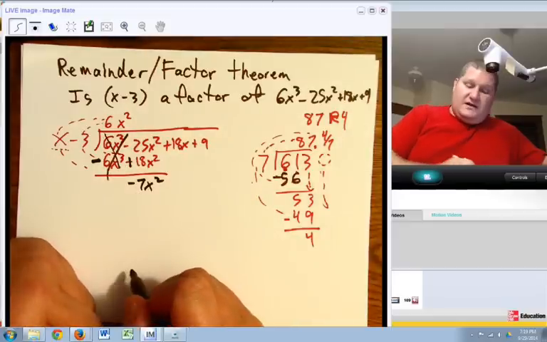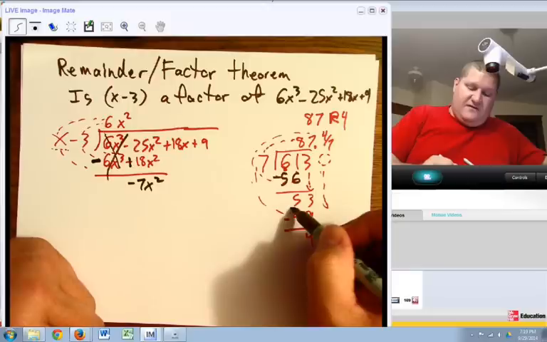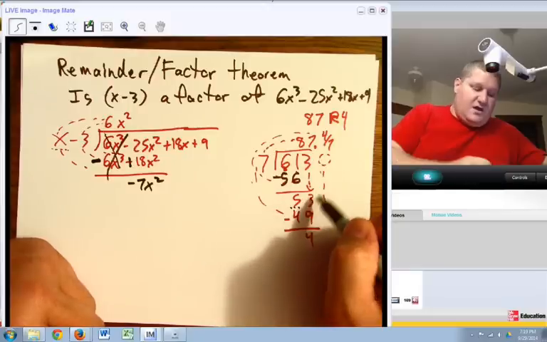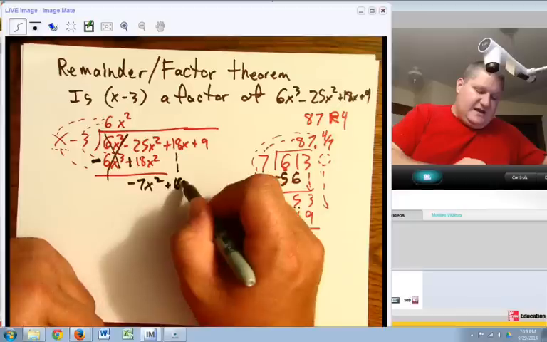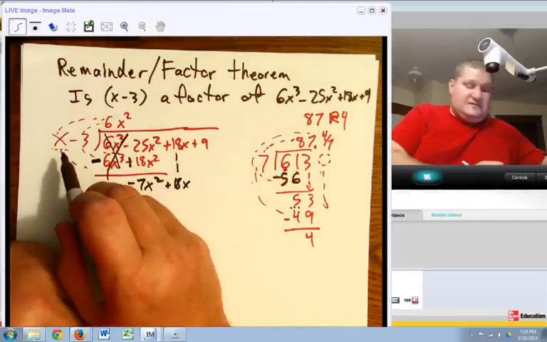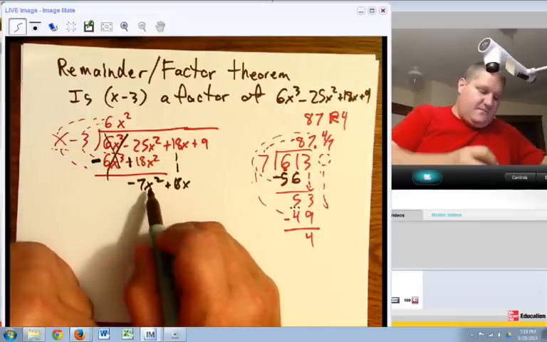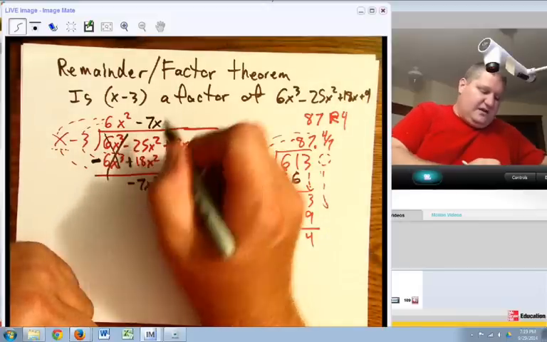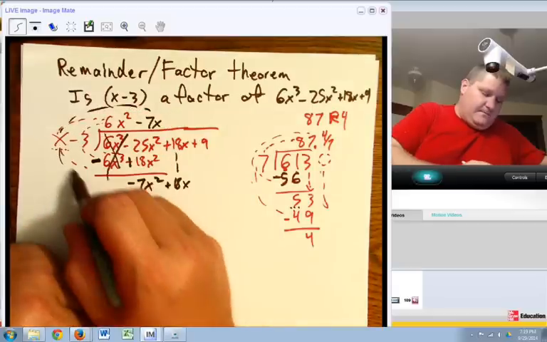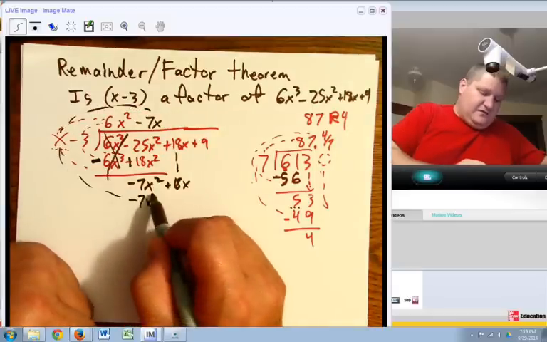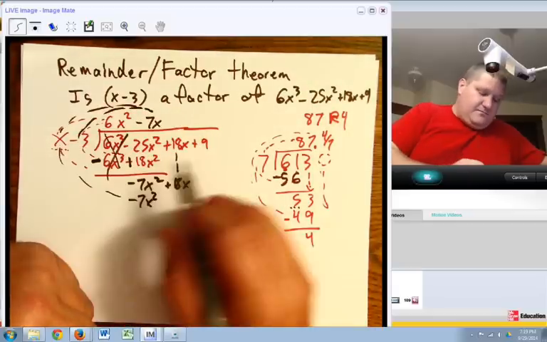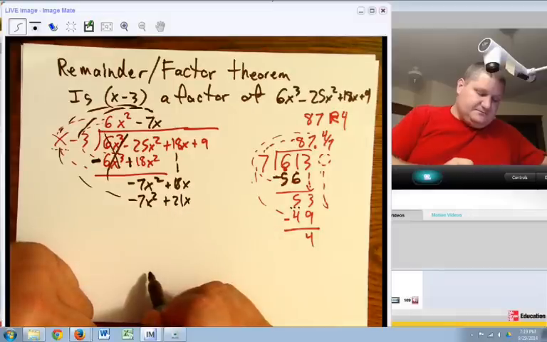All right, just like this, I had a 5 left over, and I brought the 3 down. I'm going to bring down the plus 18x. And we're going to say, all right, how many times does x go into 7x squared? It's going to go in negative 7x times. We're going to multiply. Negative 7x squared plus 21x.